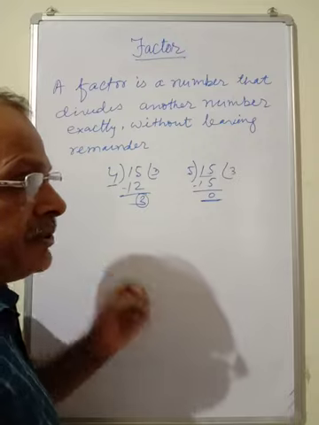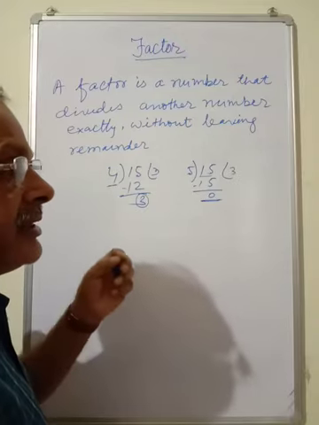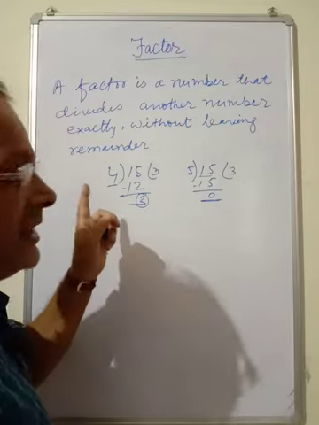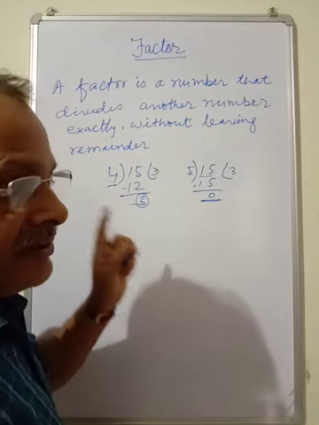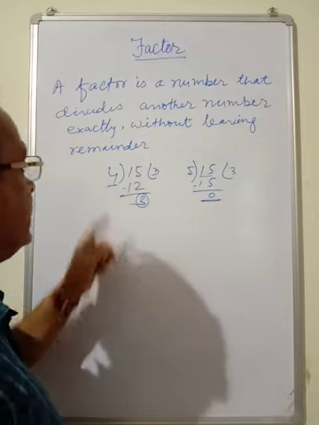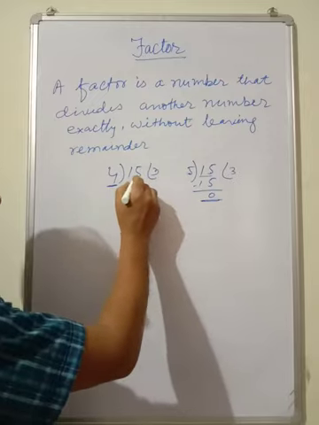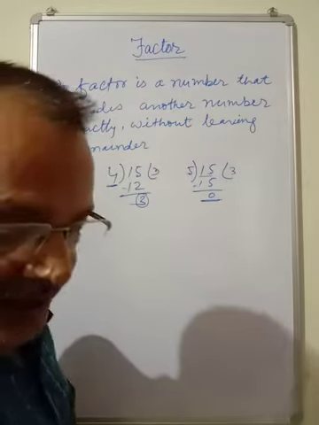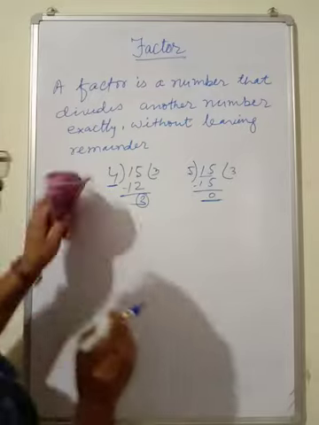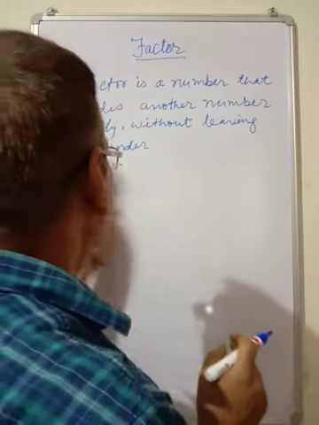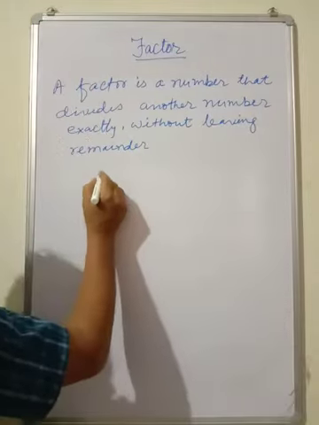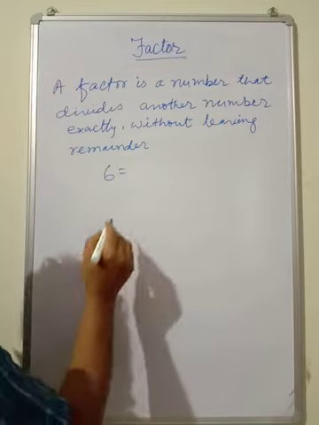So except 0, if any other number comes as remainder, that means it is not exactly divisible. That means that number is not a factor of the other number. Clear? Now what are the properties of factors? Now see, suppose factors of 6.